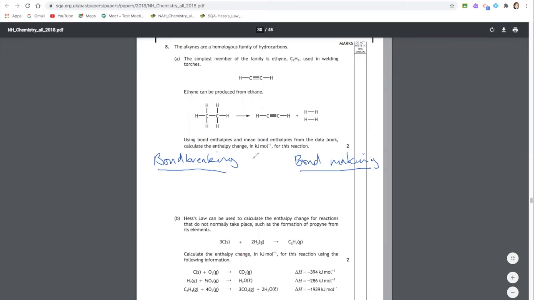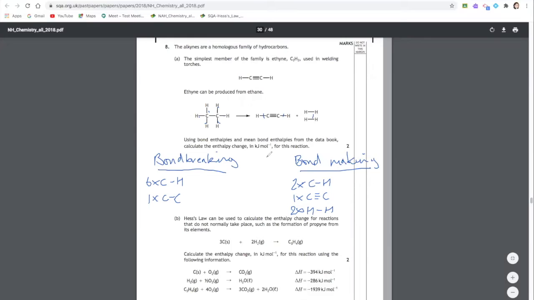So you are breaking 1, 2, 3, 4, 5, 6 carbon to hydrogen bonds, and then 1 carbon to carbon bond. You are making 1, 2 carbon to hydrogen bonds, 1 carbon to carbon triple bond, and then the 2 hydrogen to hydrogen bonds.